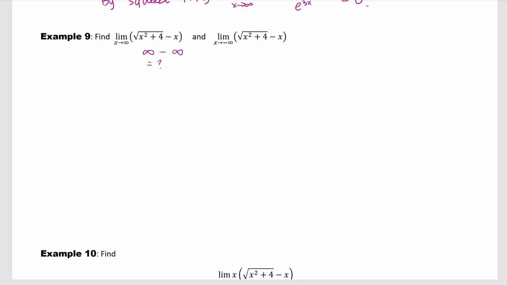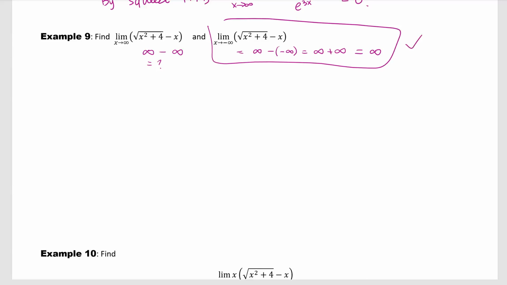No, we can't tell. Okay, but when x goes to minus infinity, well then x squared becomes positive infinity and the square root is still positive infinity. So it's positive infinity minus of negative infinity. Well, this is infinity plus infinity. Can we tell what is infinity plus infinity? Yes. That is infinity. So for the second limits, we are good already. We know it's infinity. But for the first limits, we don't know.